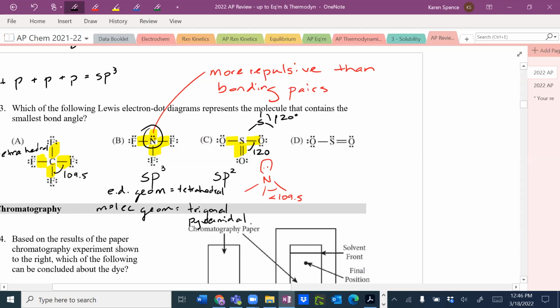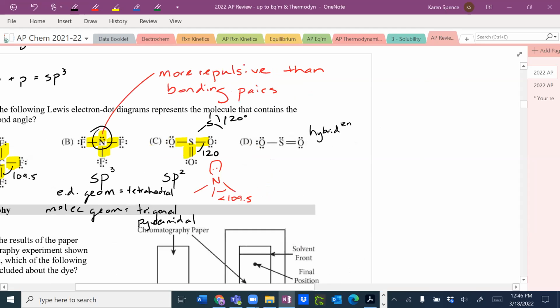All right. And then over here, what is the hybridization of sulfur in D? sp2. Yes, we have 3 electron domains, 1, 2, 3, which means it's sp2. What is the molecular geometry?